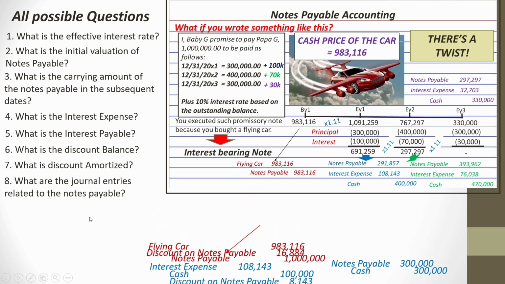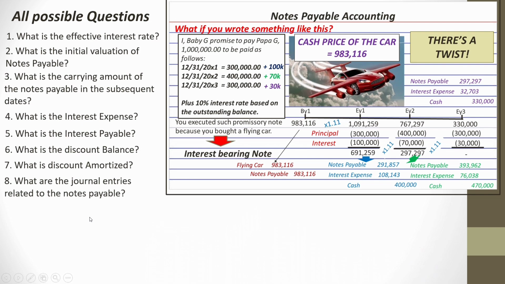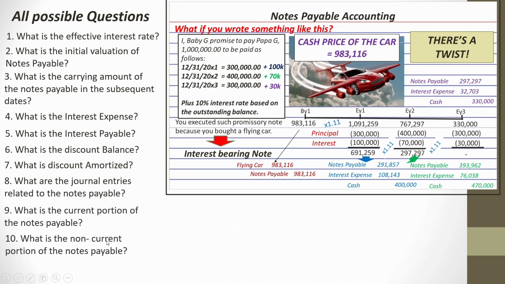Now moving forward to the last two possible questions. The last two possible questions are what is the current and the non-current portion of the liability? And again, to answer those two, step 1, you have to go to the carrying amount that you need to split if ever. Like the balance at the end of year 1, let's choose that. So we have 691,259. Okay?